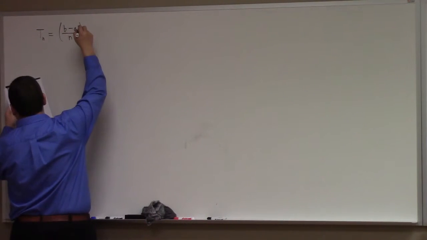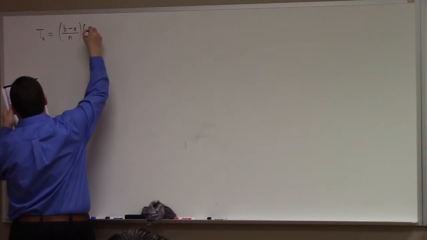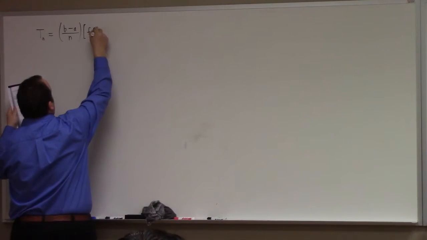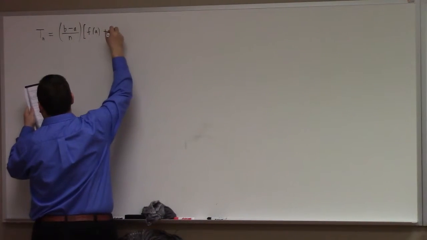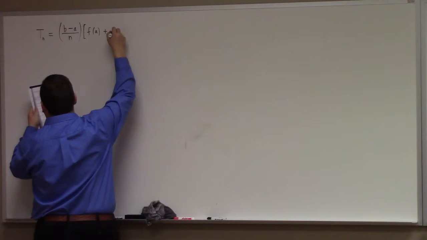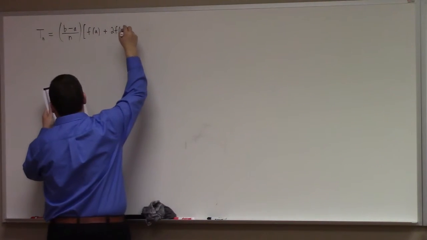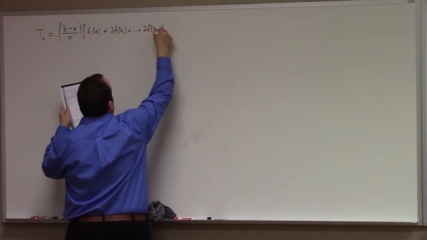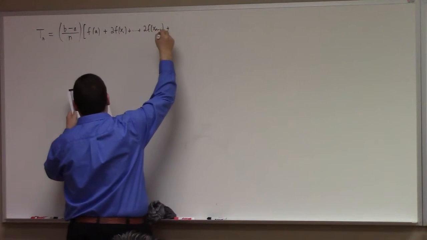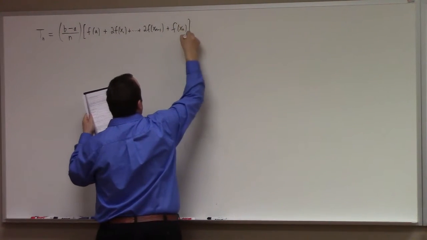And then the formula simplifies to, I'll write the actual simplest one: f of a plus 2 times f of x1 plus ... plus 2 times f of x_(n minus 1) plus f of xn. Now I can describe to you why this formula is true pretty briefly.